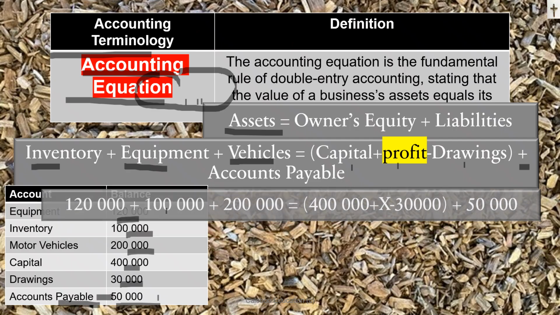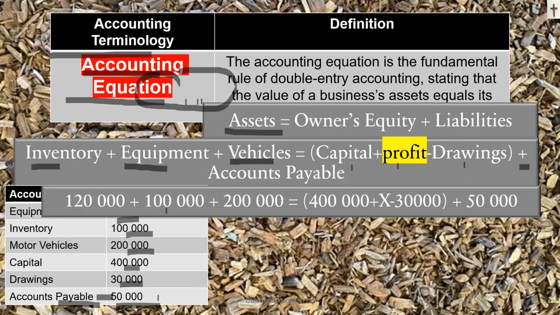Now I put in the amounts. 120,000 inventory, equipment 100,000, vehicles 200,000 is equal to, the capital was 400,000. We do not know the profit, and the drawings was 30,000. So X is representing profit plus 50,000, which is the liability, accounts payable.